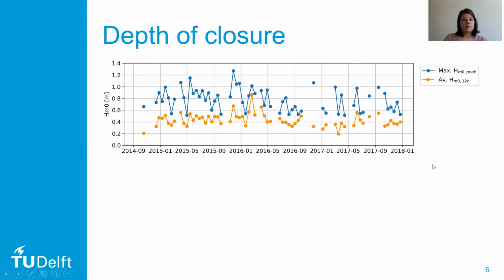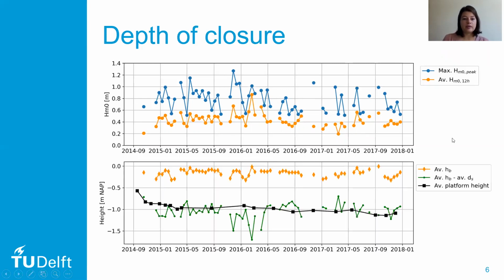Well, then we plotted them in this figure. So in blue you see those peak wave heights, which are a bit higher. Still not very high, of course, but they exceed 1.20 meters at some points. And then in orange you see the 12-hour exceeded wave height that we used to predict the depth of closure with Hallermeier's formula.